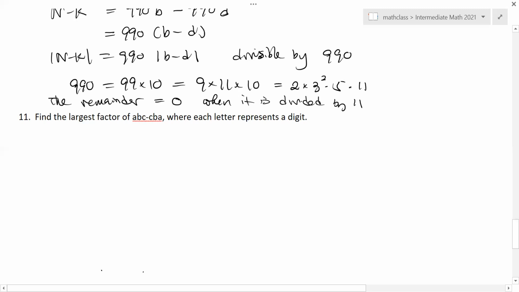Wait, could the largest factor be a variable too? No, it's definite. It's a number.